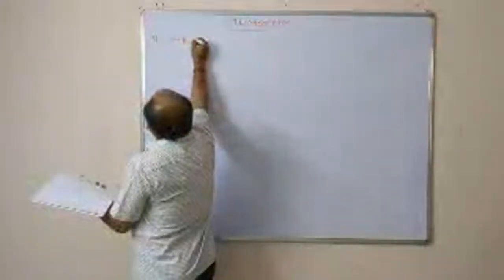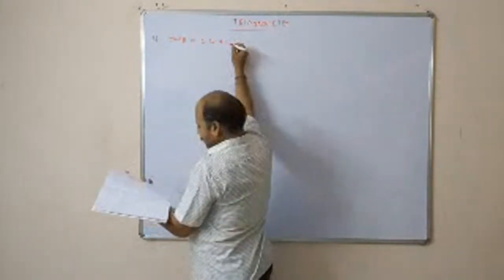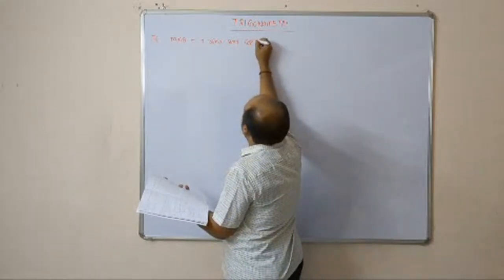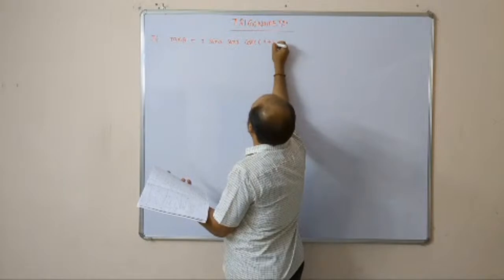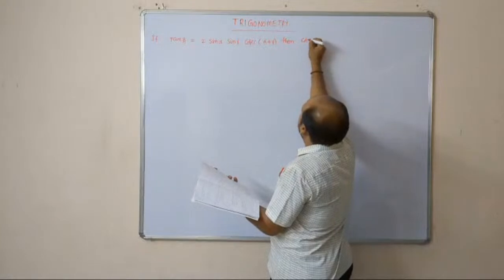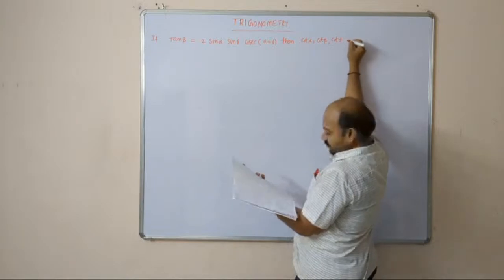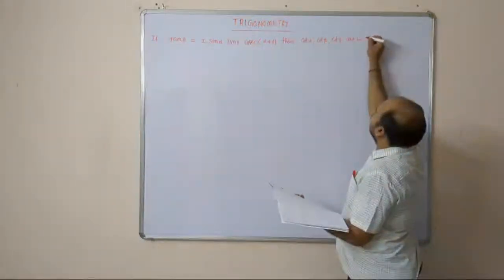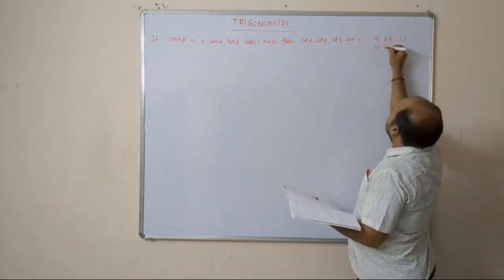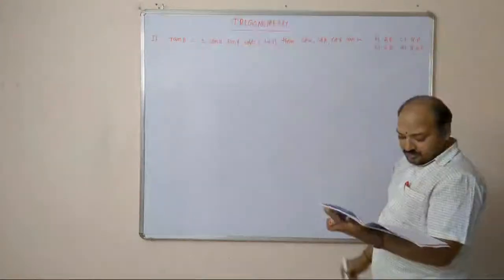If tan beta is equal to 2 sin alpha into sin gamma into cosecant of alpha plus gamma, then cot alpha, cot beta, cot gamma are in which progression: AP, GP, HP or AGP, arithmetic geometric progression.